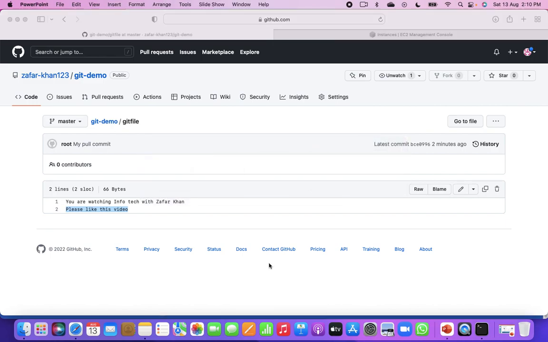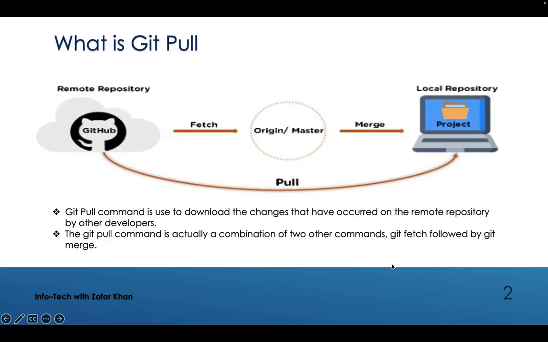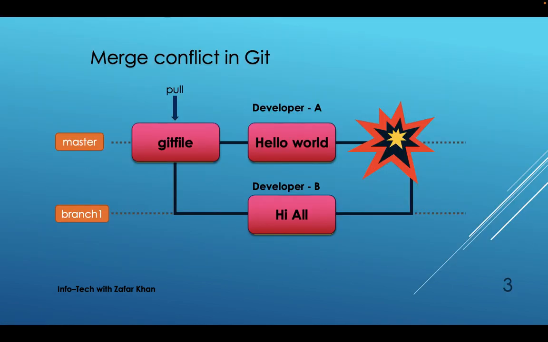Okay, so now go to the slide. So we have done the git pull command. Next we have merge conflict in git, I mean git conflict. Okay, so some introduction: git version control system is all about working as a team and contributing to projects.